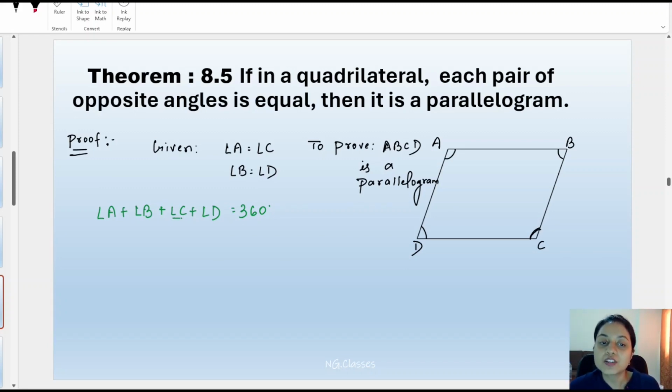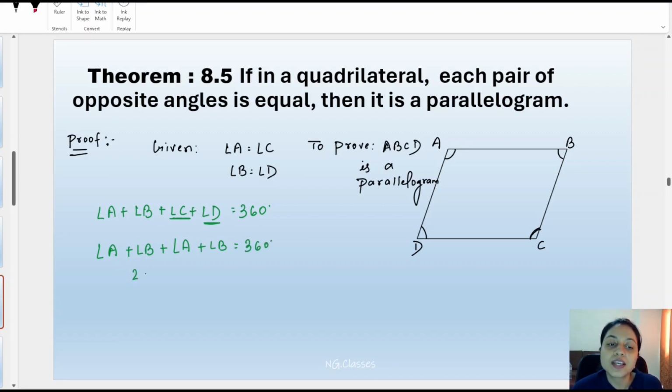Here at the place of angle C, can I write angle A? Because angle A is equal to angle C, which is already given in the theorem. And also, can we write angle B at the place of angle D? Because both are the same, right? Let's write it. Is equal to 360 degrees.